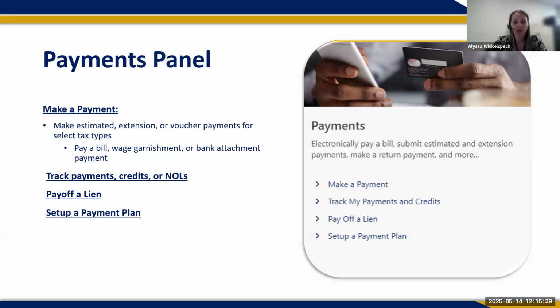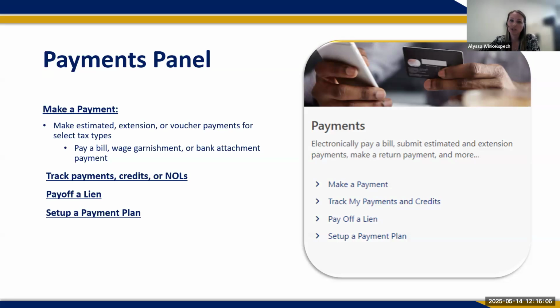We always encourage our customers to verify their estimated payments prior to submitting the returns, just to make sure that they won't match each other when they go to submit that return. It will also show you any credits or net operating losses that are available on your account.